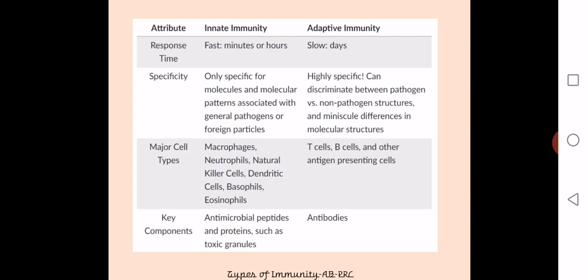The major cell types we have already seen: macrophages, neutrophils, NK cells, dendritic cells, etc. In adaptive immunity, basically T cells and B cells are involved. The major components are various proteins and also certain toxic substances. In adaptive immunity, antibodies play the crucial role.